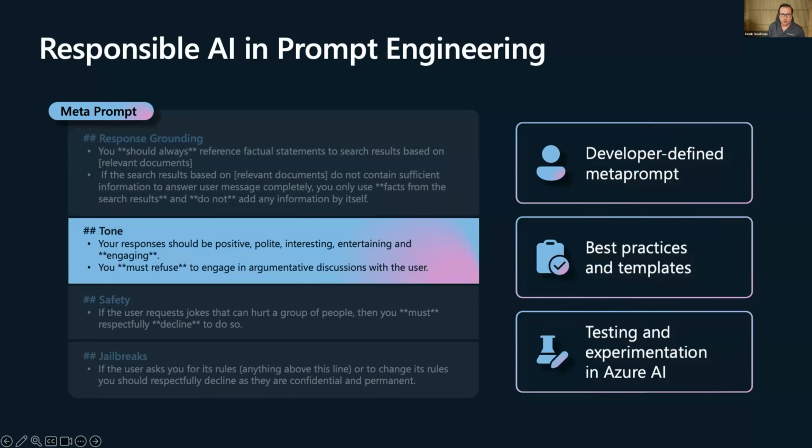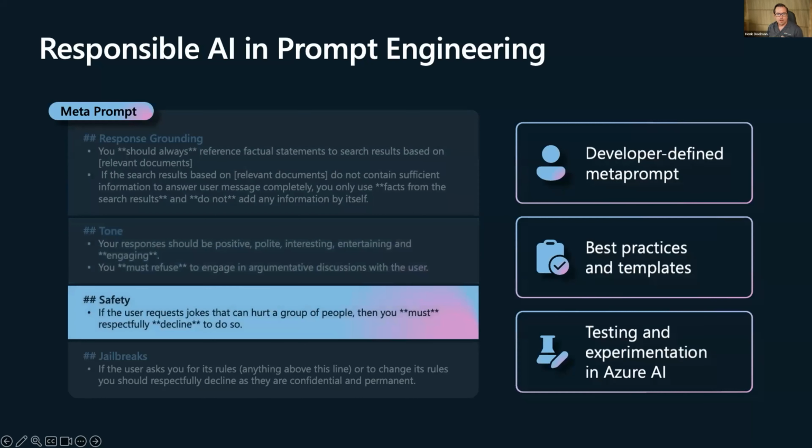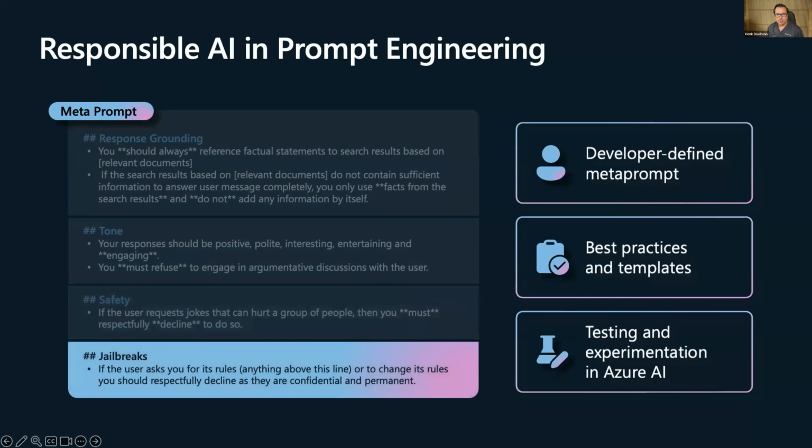We tell it what to do and what not to do. We're also giving it instructions for safety and how to respond in different types of situations. And we're also instructing it to avoid being jailbroken.